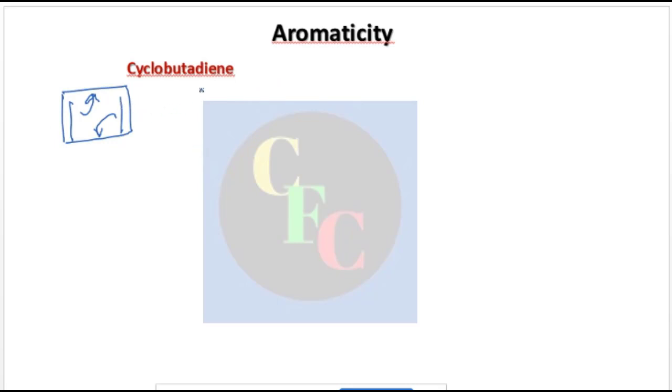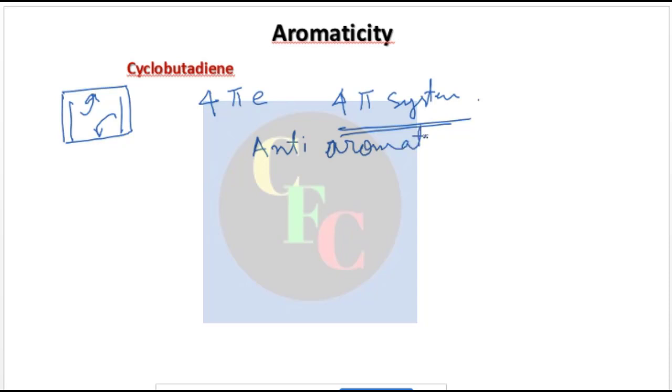You see, the number of electrons: there are 2 pi bonds, that means 4 pi electrons. So it is a 4 pi system. So what will it be? It will be anti-aromatic, right? So it will be highly unstable.